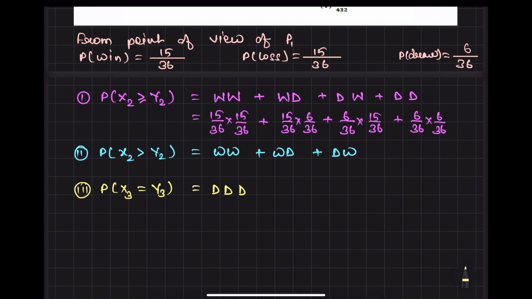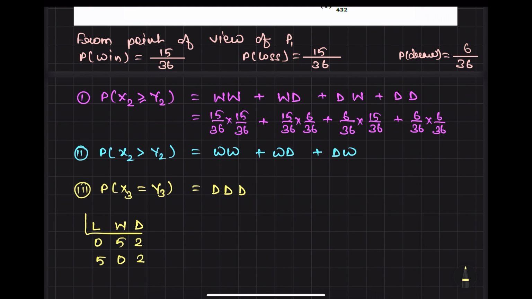Okay. Now suppose we have this case. One game I lose. So if I lose, I'll get 0, you will get 5. I won, I will get 5, you will get 0. It's a draw, so 2 each. So 7 points each.